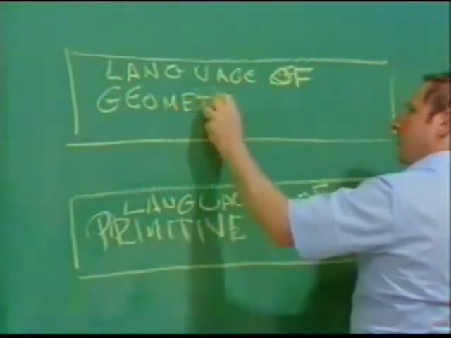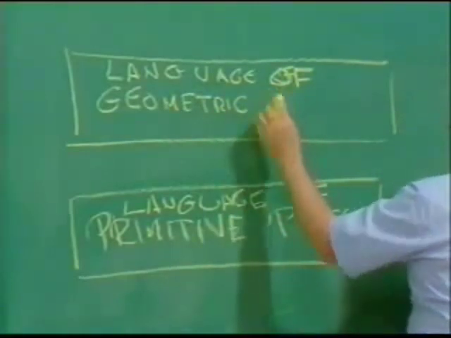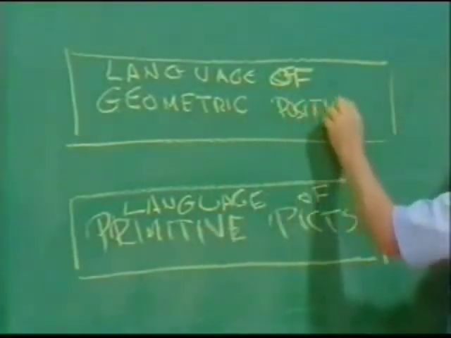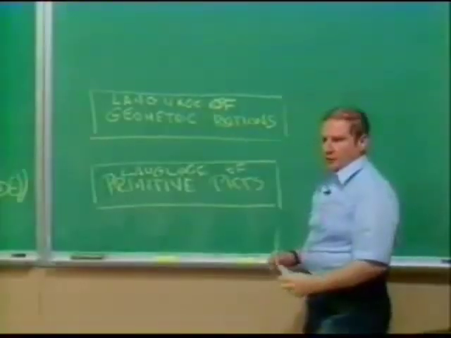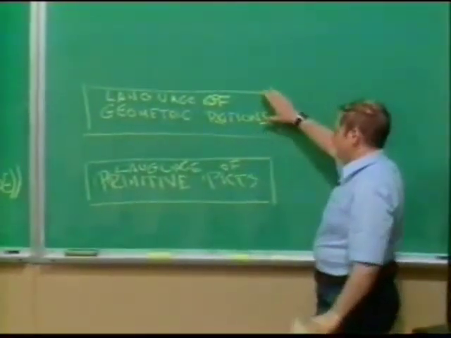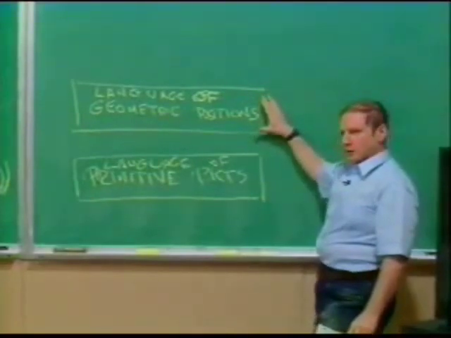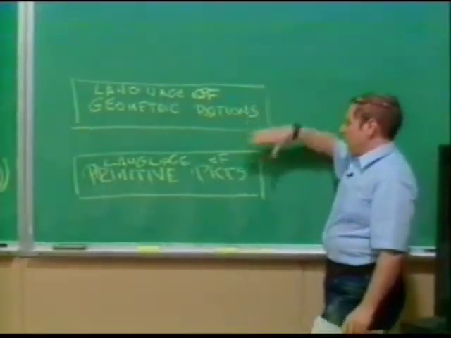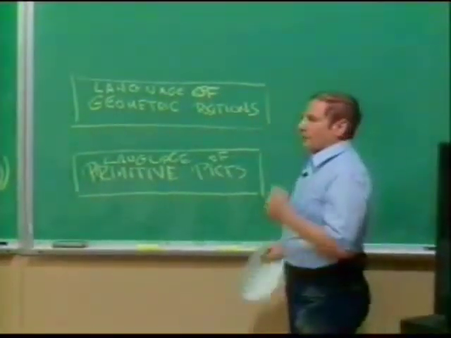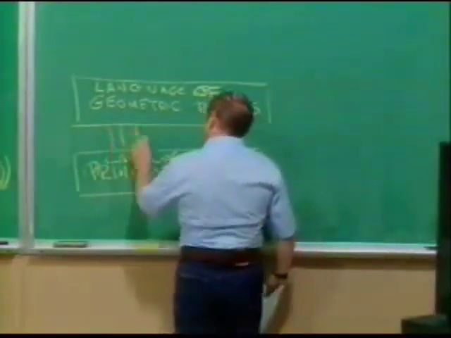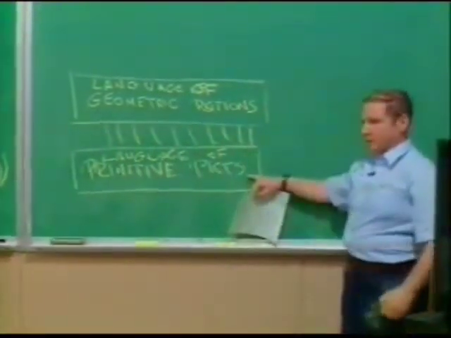A language of geometric positions, which talks about things like above and beside and right push and rotate. And those things sort of happen with reference to the things that are talked about in this language.